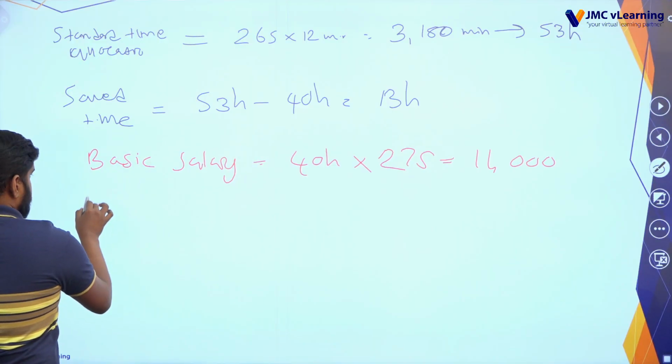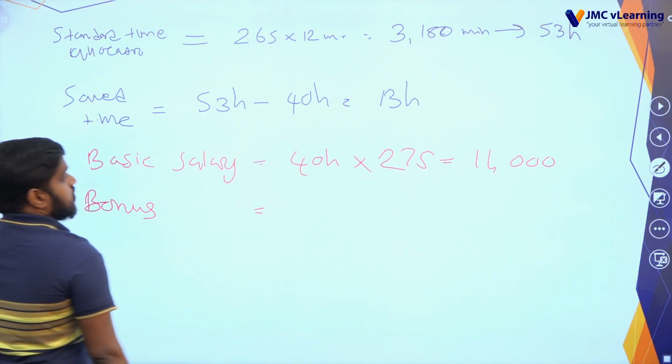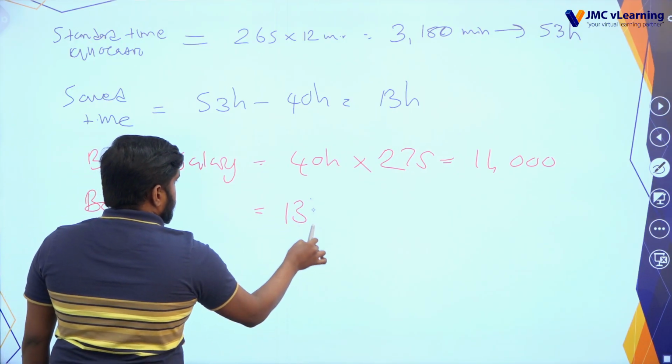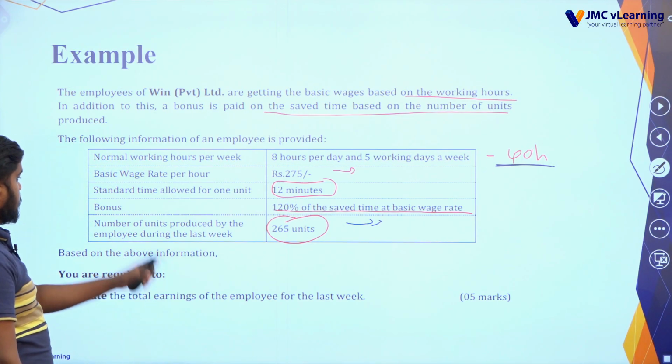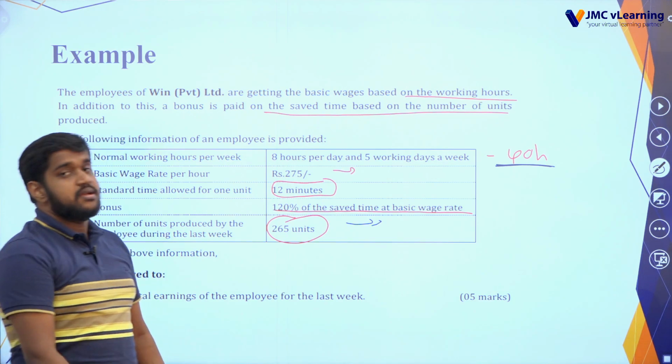Then we need to calculate the bonus payment. First we need our saved hours, 13 hours. As per the information, the bonus is paid based on 120% of the saved time at the basic rate.